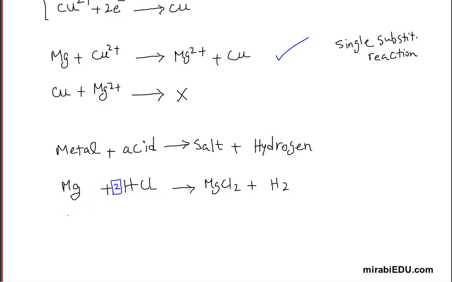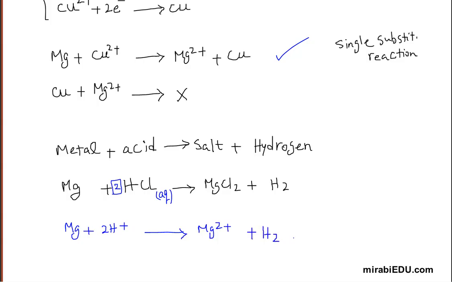Now, hydrogen chloride, or hydrochloric acid, is in an aqueous solution, so it is completely ionizable. If we consider the ionic form of this equation, the net ionic equation will be like this: magnesium plus 2H+ gives Mg2+ plus hydrogen.